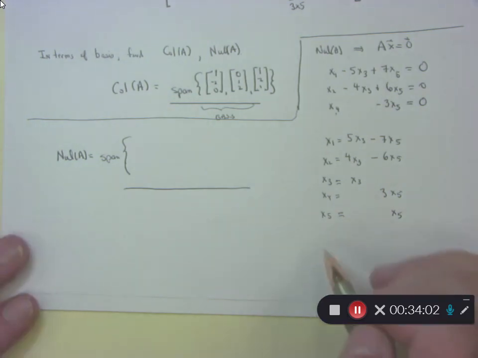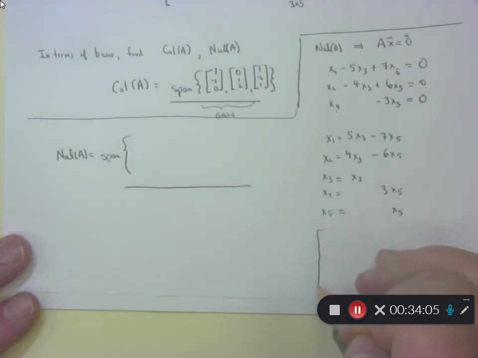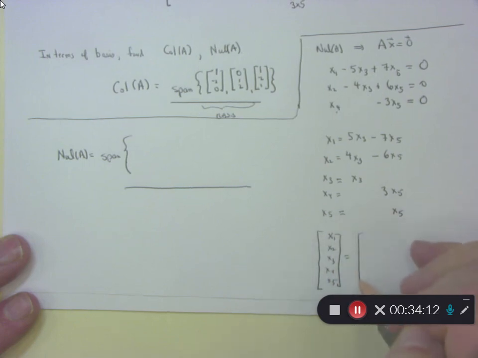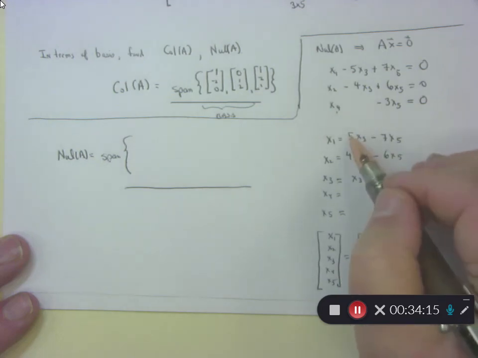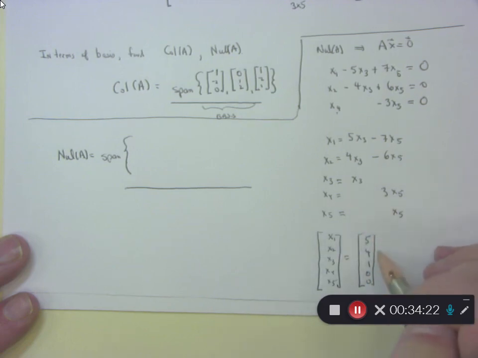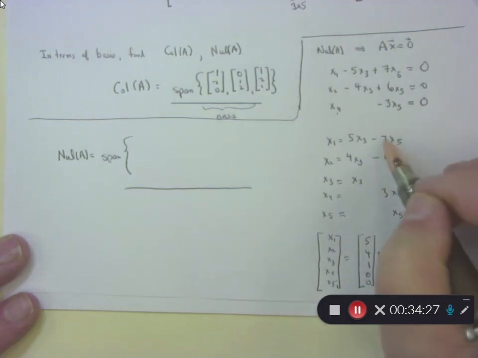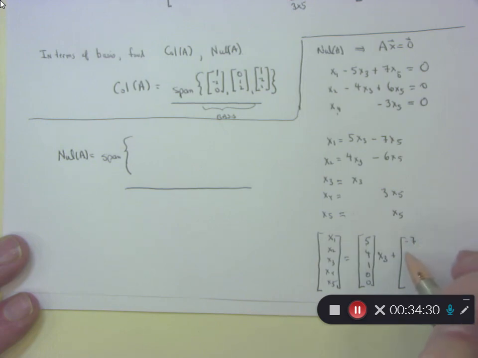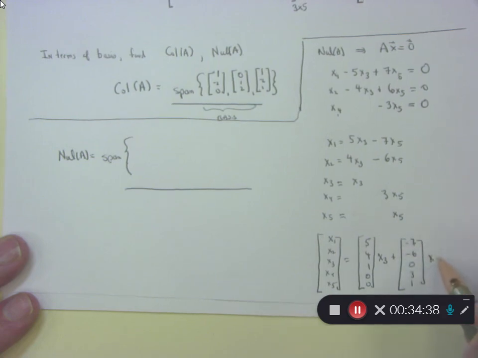So this tells me, writing it down here, x1, x2, x3, x4, x5 equals, on the x3, I got 5, 4, 1, 0, 0, because there's nothing there, times x3, plus negative 7, negative 6, there's no x5 term here so that would be 0, 3, and that's a 1, times x5.